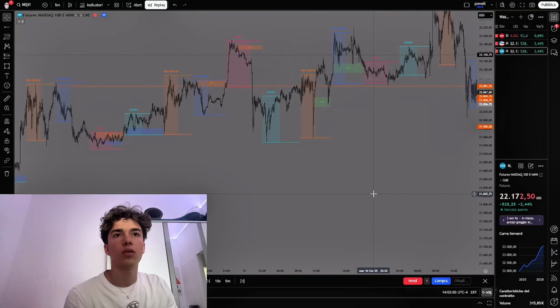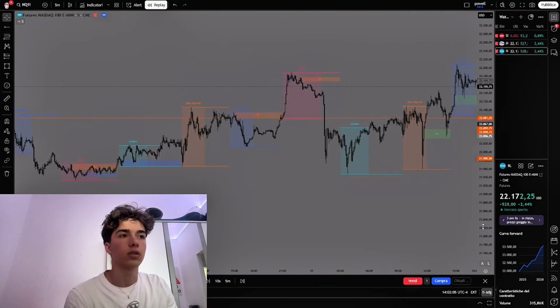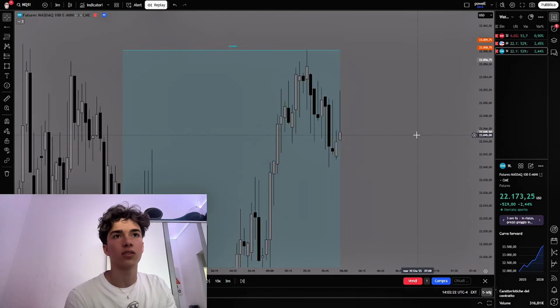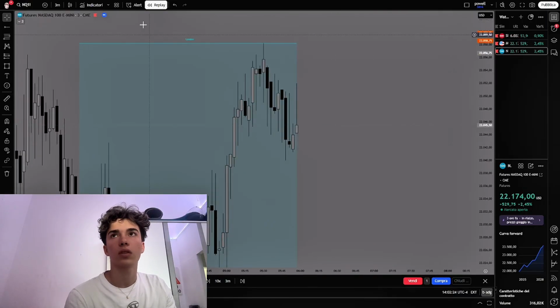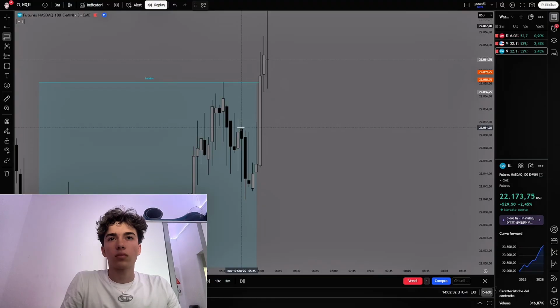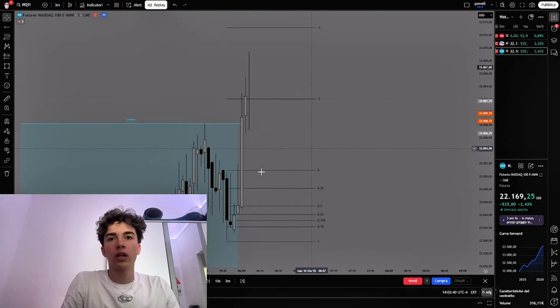Another example, hopefully one which plays out. The 3-minute is not very good either. Okay, this was basically our manipulation leg. Sorry, I mess up all the time. This is the manipulation leg, here and here.